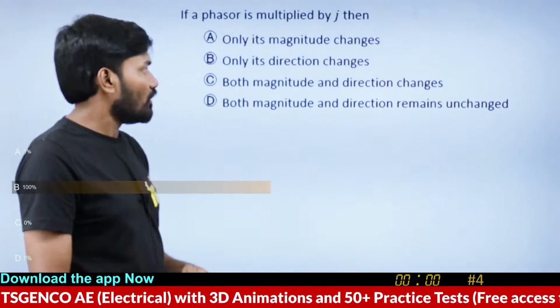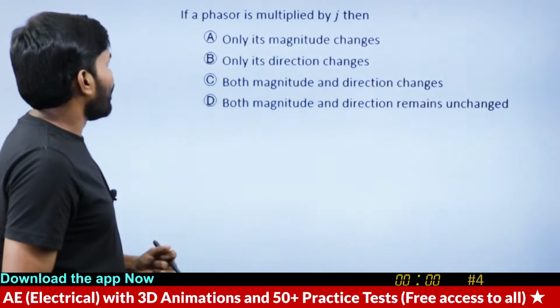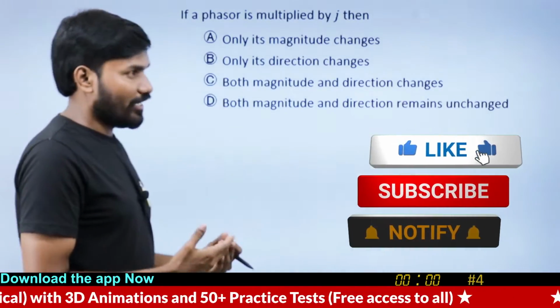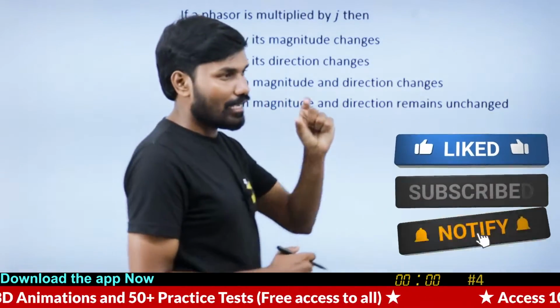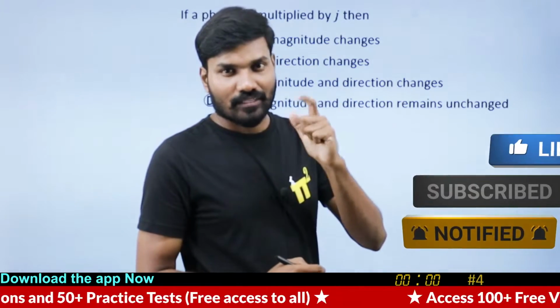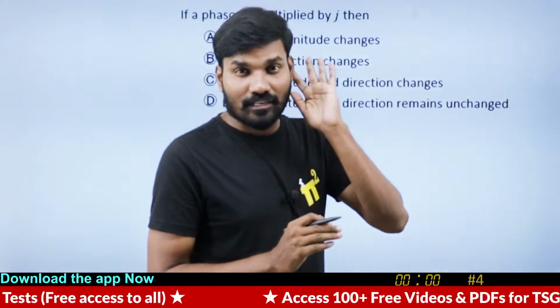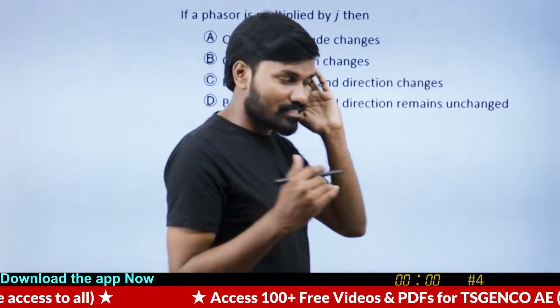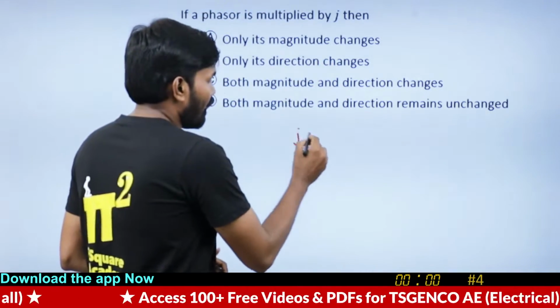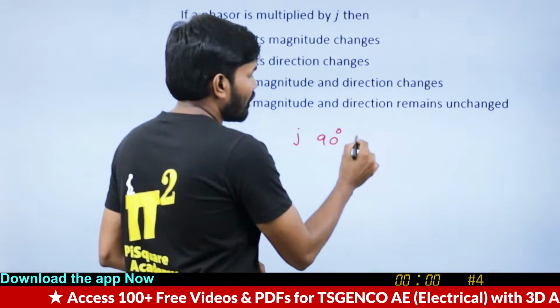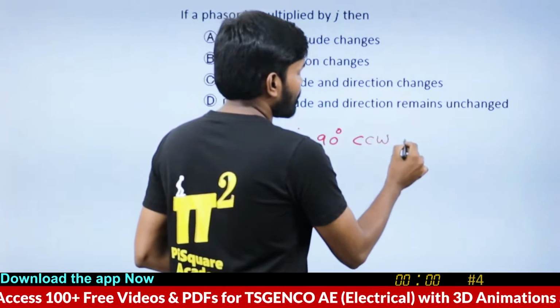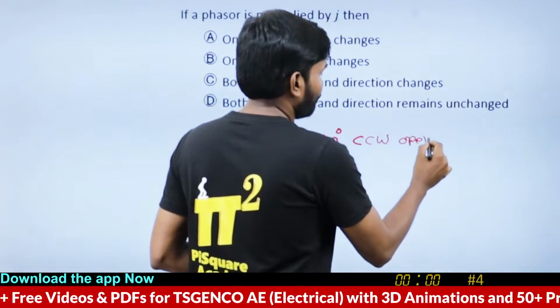Let's see what's the right answer. If a phasor is multiplied by J, where J is an operator, what's the J operator? Tell me. I'm listening. J is 90 degrees counterclockwise operator.